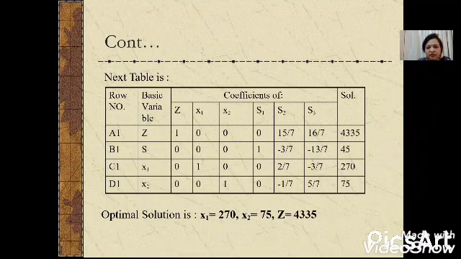Now here we can see that in the Z row there is no negative number.